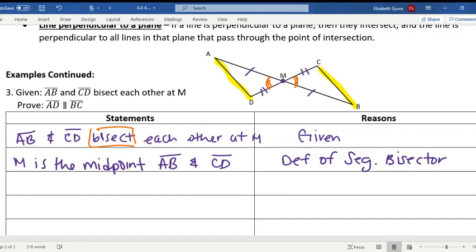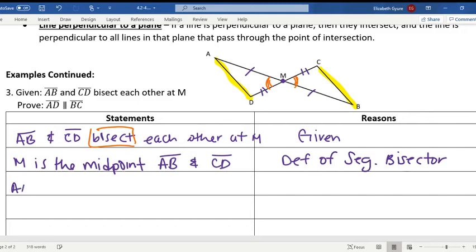Good. Now that we have our midpoint, somebody else, let me know we're awake out there. What do you think we could say now? Now that we know M is the midpoint. And we could do this in 1 or 2 steps. It's up to you. If M is the midpoint, what else are we going to know? Ashley? Yep, absolutely.